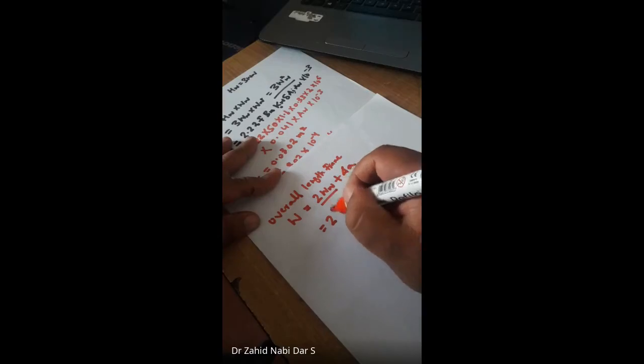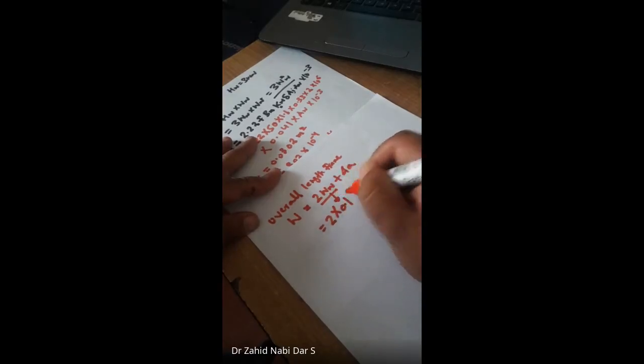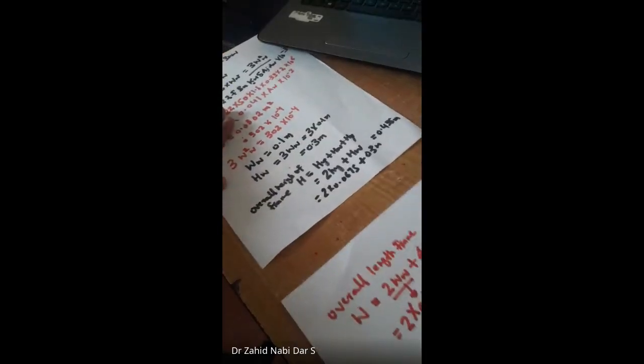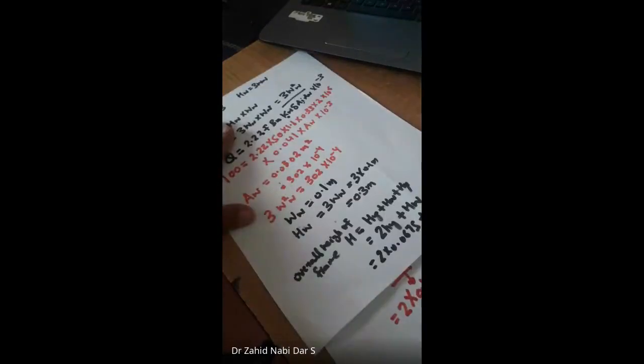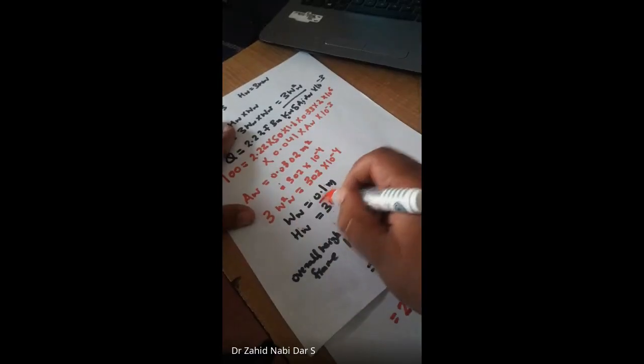How much is that value? 0.1. Okay, WW just now calculated here, right? Here we calculated WW, 0.1. So we are substituting. A value also we calculated.